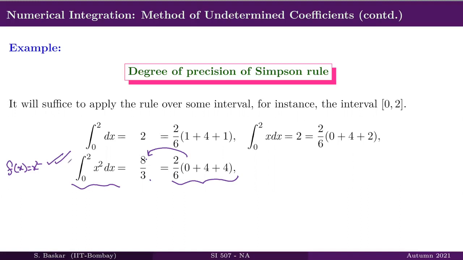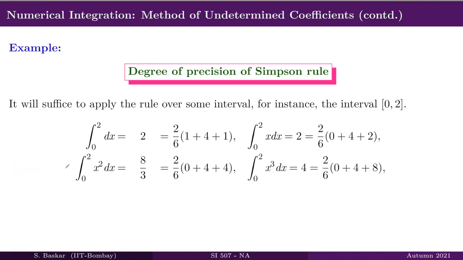Also, when we derived Simpson's rule using the direct method, we have used P2, that is quadratic polynomial interpolation, right? Therefore, the degree of precision being 2 is something which is very natural to expect. But don't stop here. You also check for n equal to 3, in which case you will take f of x equal to x cube.